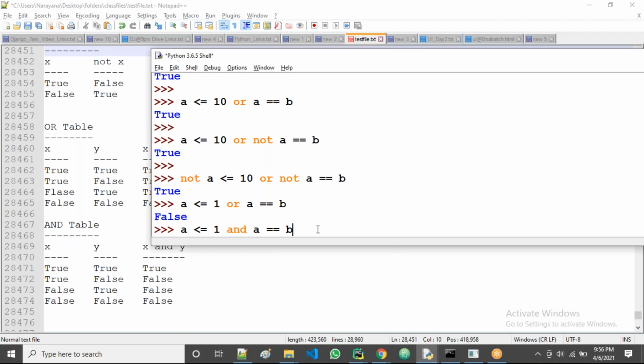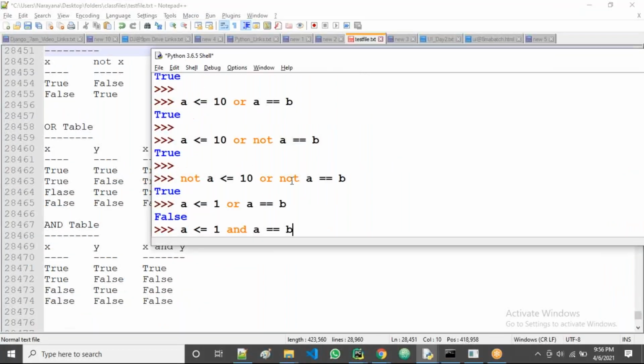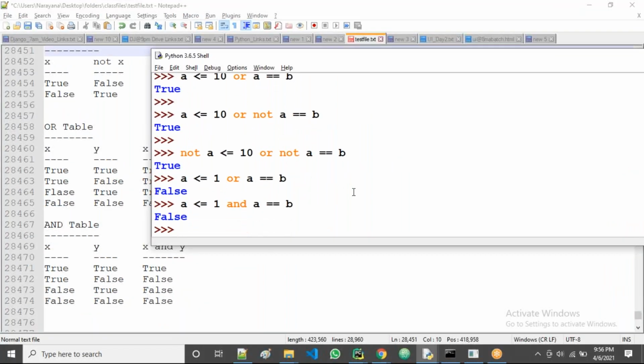False. Okay, false, guys. Why false? See, this is false, and it's also false. So false and false. What is the output here? False only, guys.